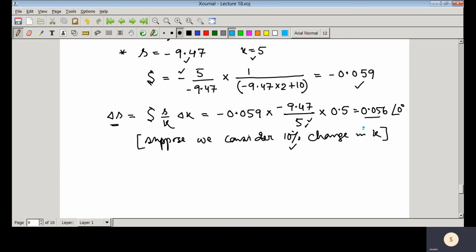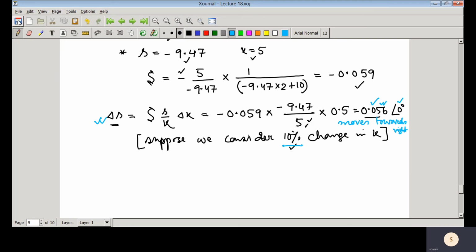Because this is scalar, we can consider this scalar into that 0 degree angle. So whenever you take 10% change in K, the closed loop pole will change towards right with this particular value 0.056. So from root sensitivity you can calculate in the root locus how much change would be there.